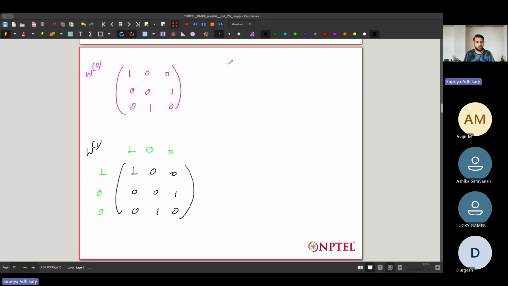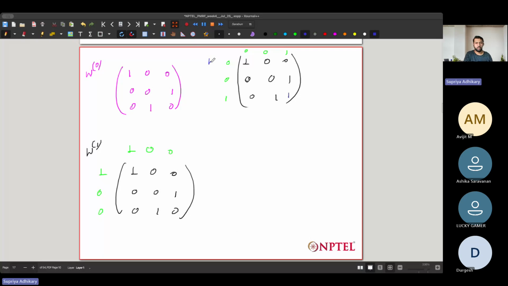For W2, we have 1 0 0 0 0 1 and 0 1 0, and we have to take into account the second row and second column. As you can see, we can update this cell over here. So this cell is updated, and we have 1 over here. So this is our W2.